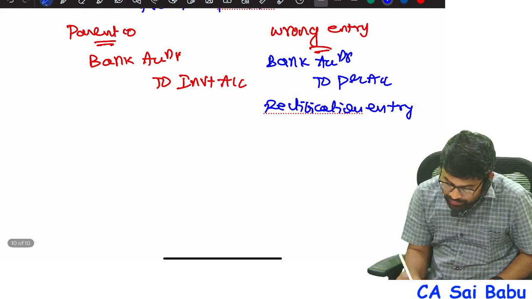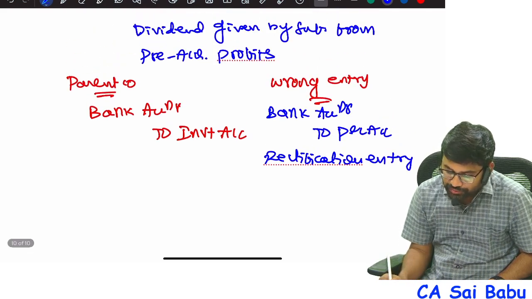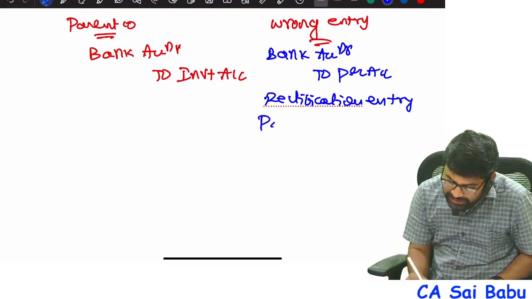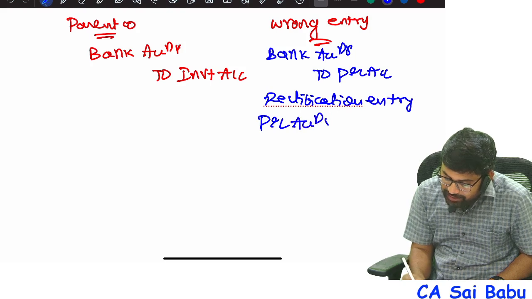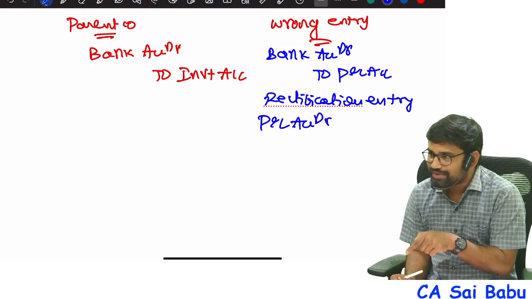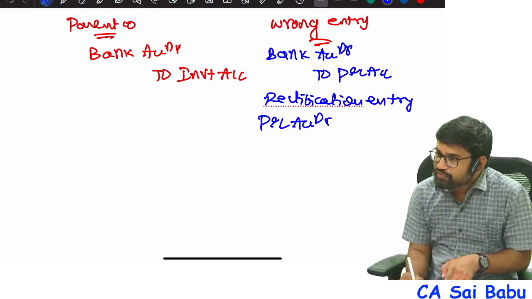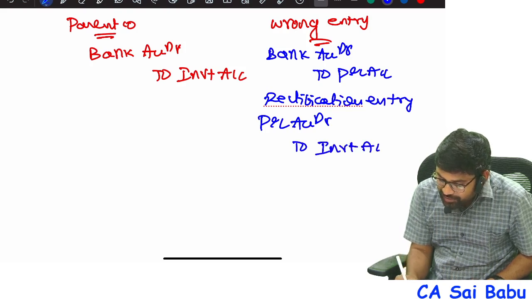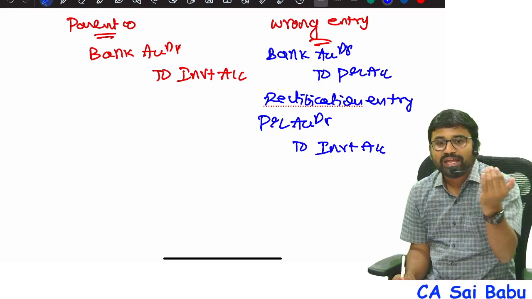You need to credit investment, but you credited P&L account. Therefore, first you need to deduct from the P&L account because it is already included in P&L account, this dividend. So, you need to reduce from P&L account and you need to reduce from investment. So, investment account will be credited, P&L account will be debited.